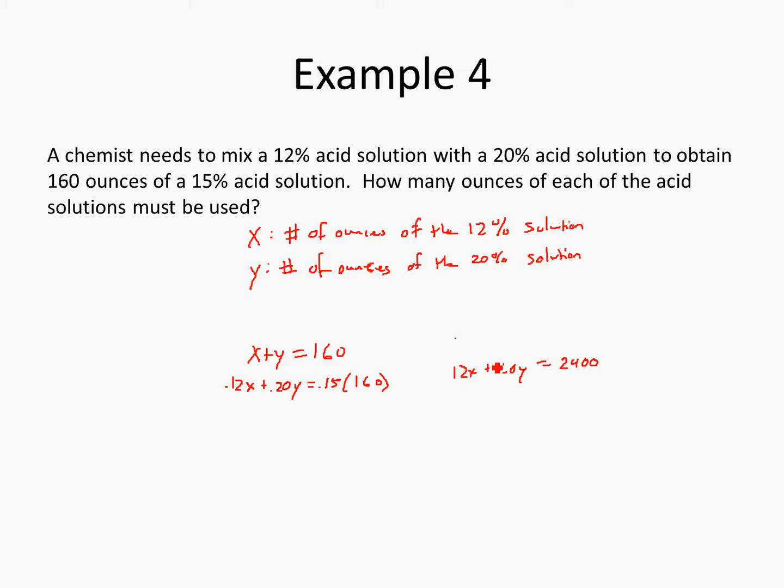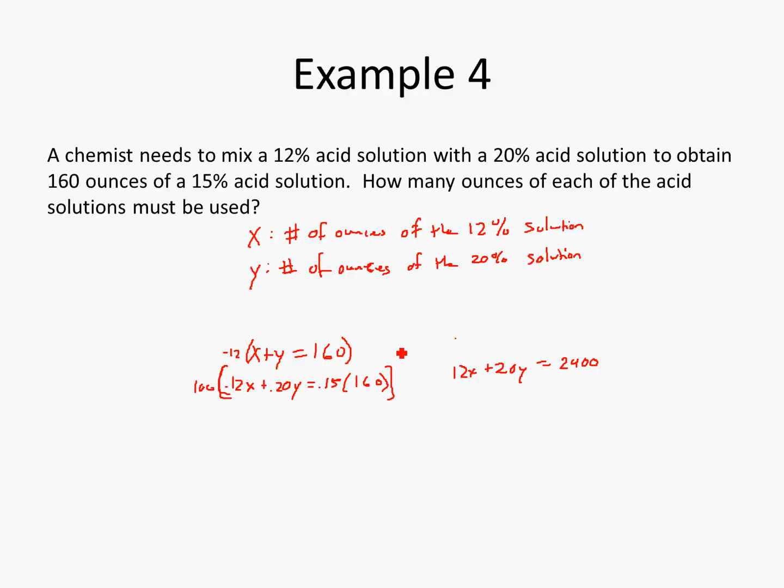And then let's use elimination. Let's multiply this top equation by negative 12. Again, remember I took this equation and multiplied it by 100, so I didn't have decimals.